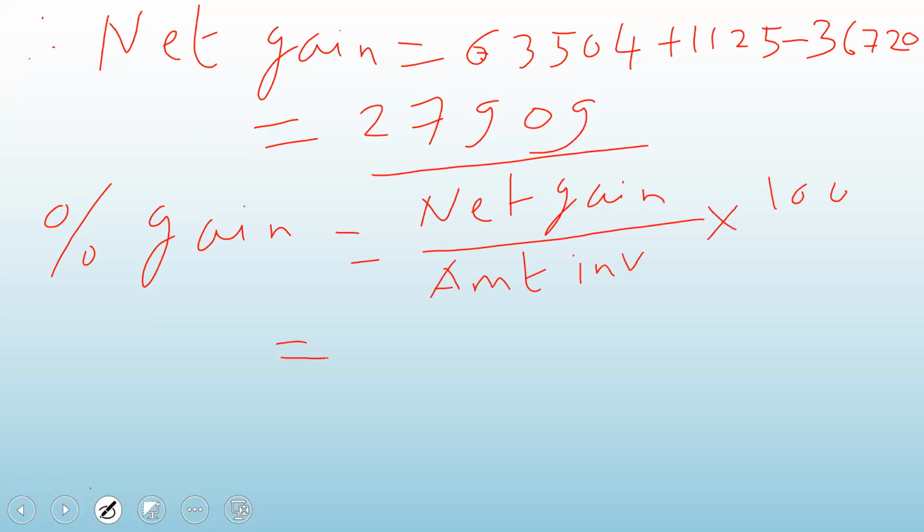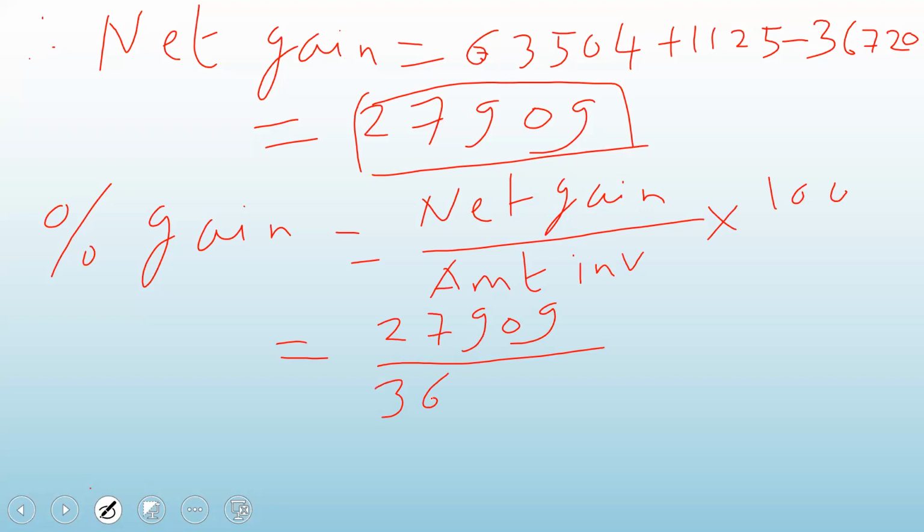So what is the net gain? See here, this is the net gain, 27,909. And what is the amount invested? 36,720. Multiply by 100.